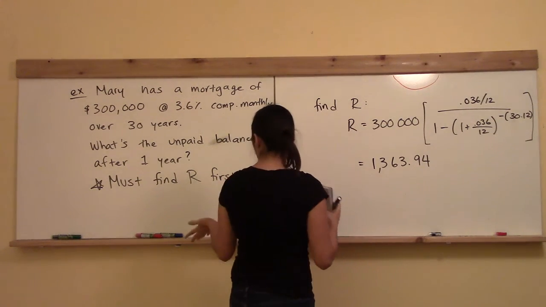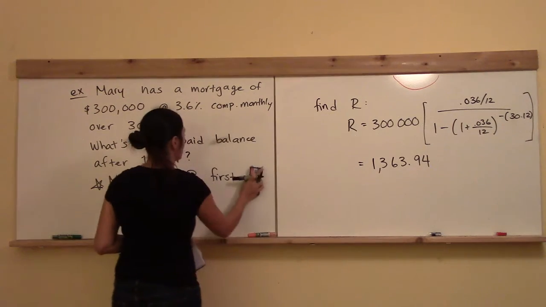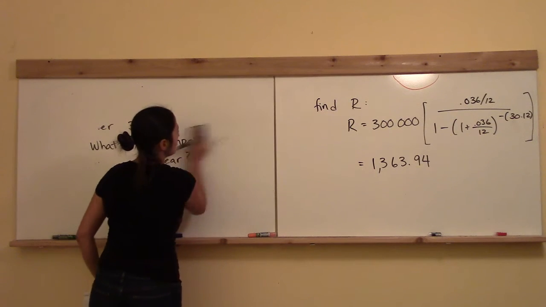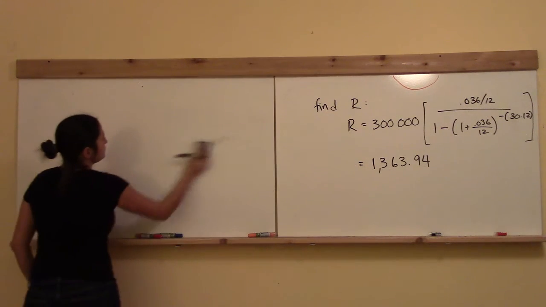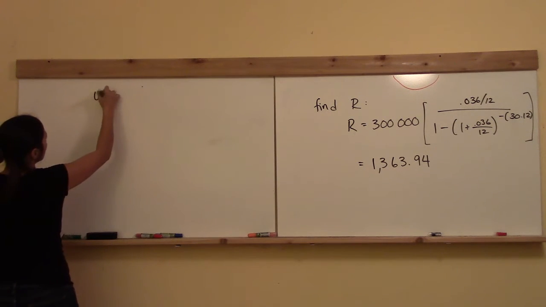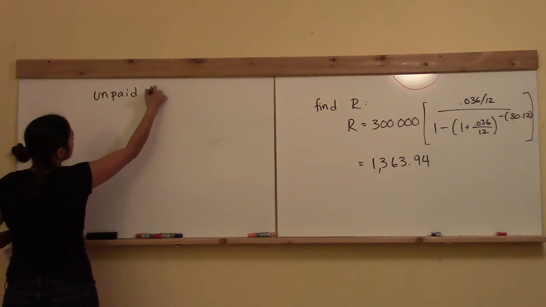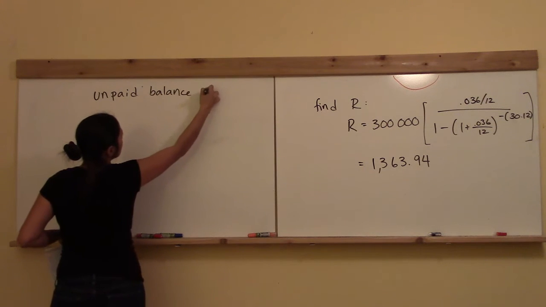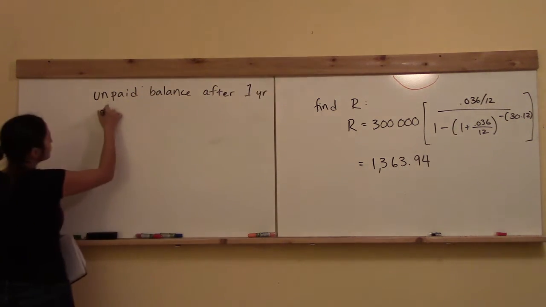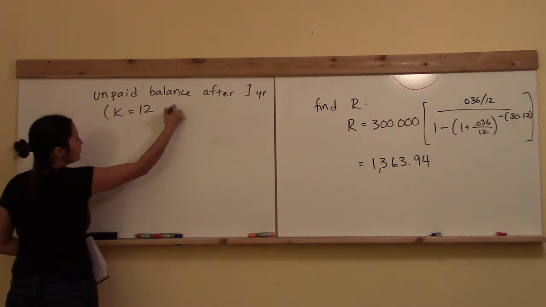All right, now we can go and find the unpaid balance after 1 year by using the other equation that I presented. Okay, now it's time for that. So we're going to go to unpaid balance. And it's after 1 year. And you have to transfer that into K is equal to 12 payments.